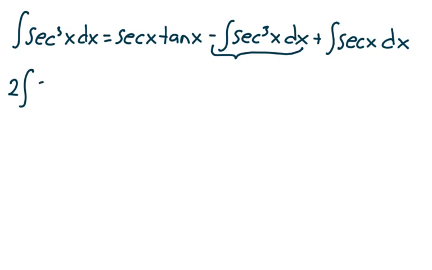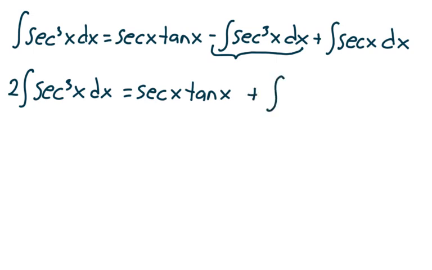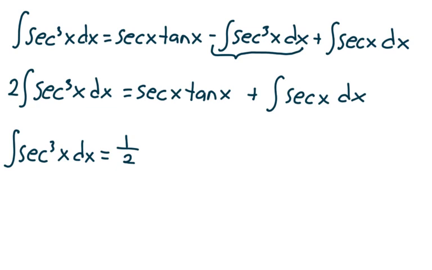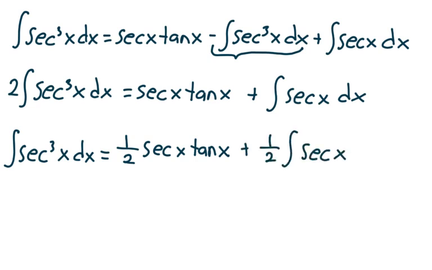So I have the integral of secant cubed x dx times 2 is equal to secant x tangent x plus the integral of secant x dx. Divide both sides by 2. So the integral of secant cubed x dx is 1/2 secant x tangent x plus 1/2 the integral of secant x dx.